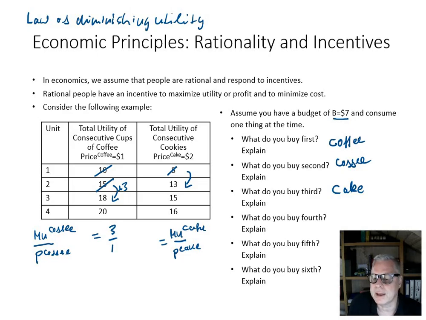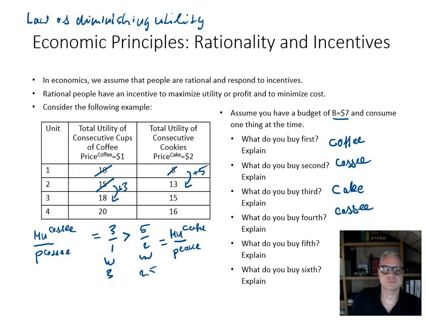But here I get an extra utility of 5, but over 2, so that's 2.5. So now again the coffee beats the cake, because the marginal utility per dollar spent is 3, and here it is only 2.5. So my fourth choice is again to go back to coffee.